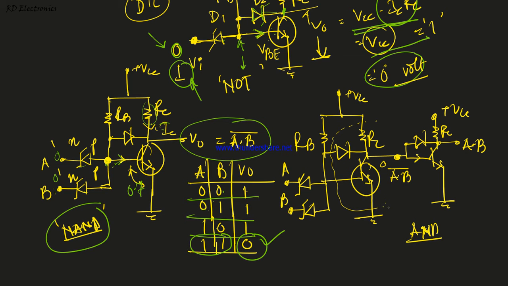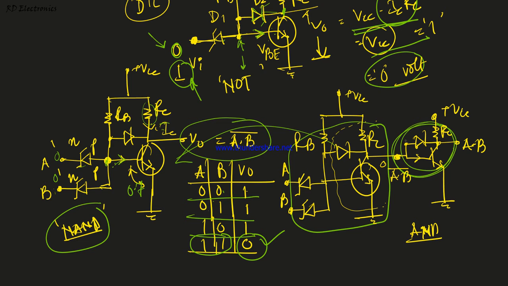Now next is diode transistor technology. Look here, this part is the same as this circuit. This is the diode transistor based NAND gate, and here we just connected one inverter or one NOT gate to make a NAND gate from the AND gate operation. It's very easy because this is a single inverter operation, a single inverter connected to the output.